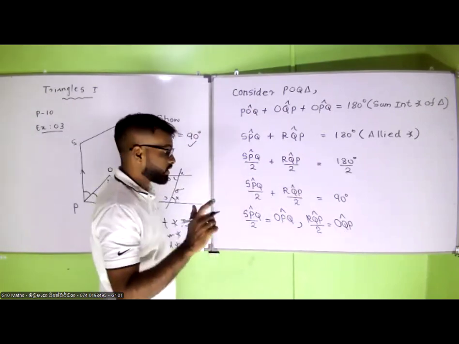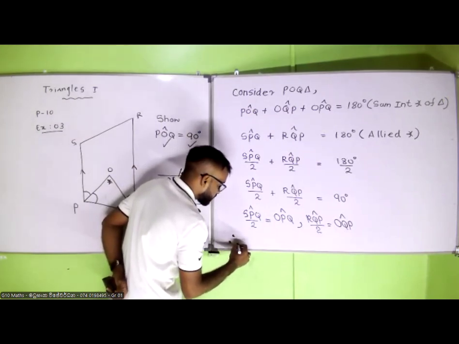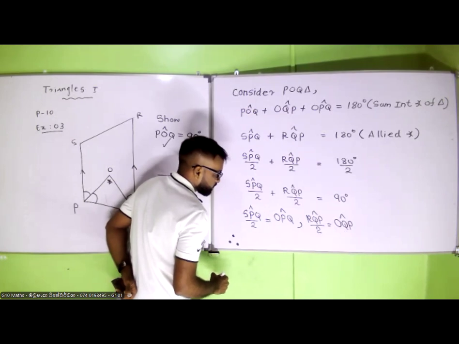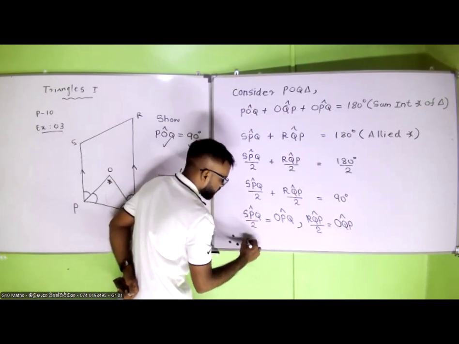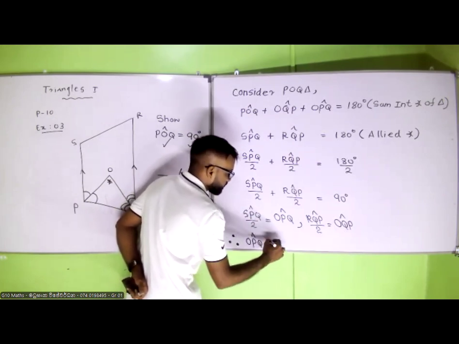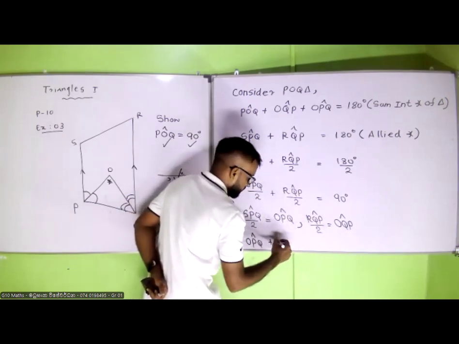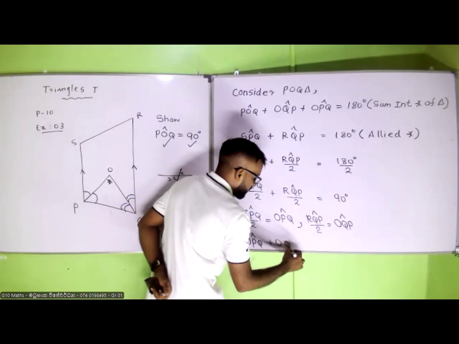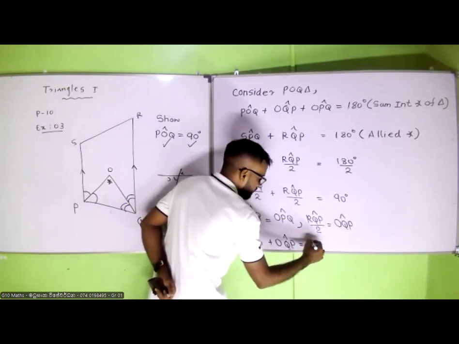So I can write, therefore, SPQ divided by 2 means OPQ, plus RQP divided by 2 means OQP, equals 90.